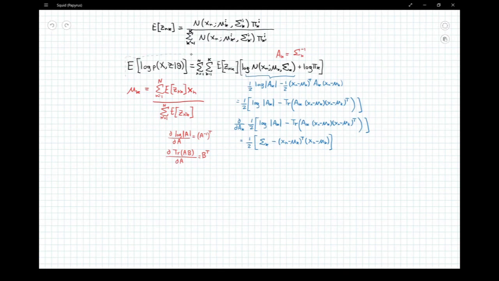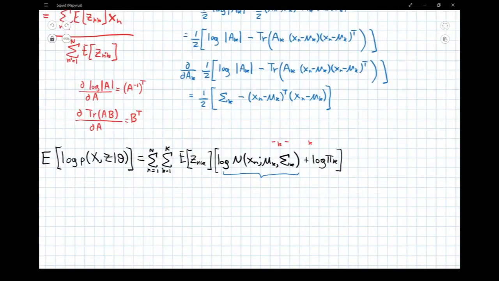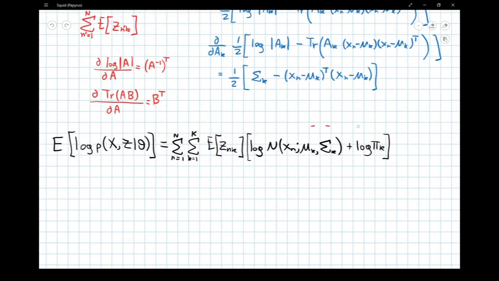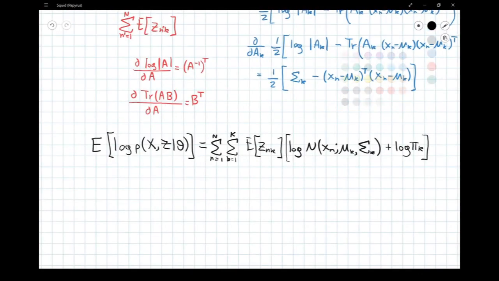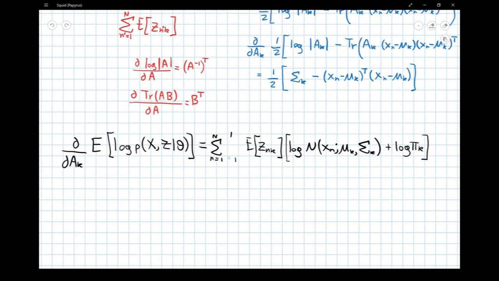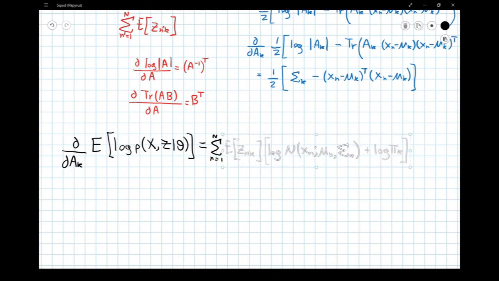So I'll just copy this. So what we've done is we've taken the derivative of this with respect to, well, in this case it was actually the precision matrix, which is equal to summation over n multiplied by our expected znk, which are all constants.